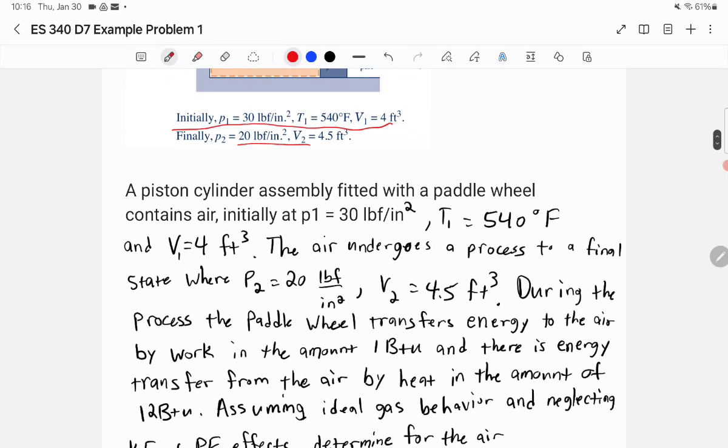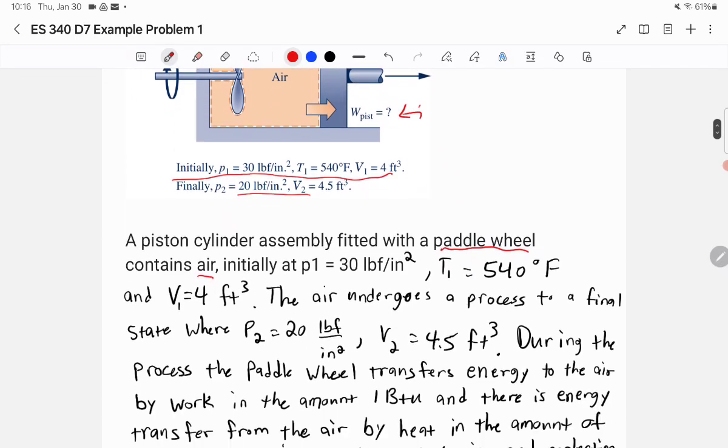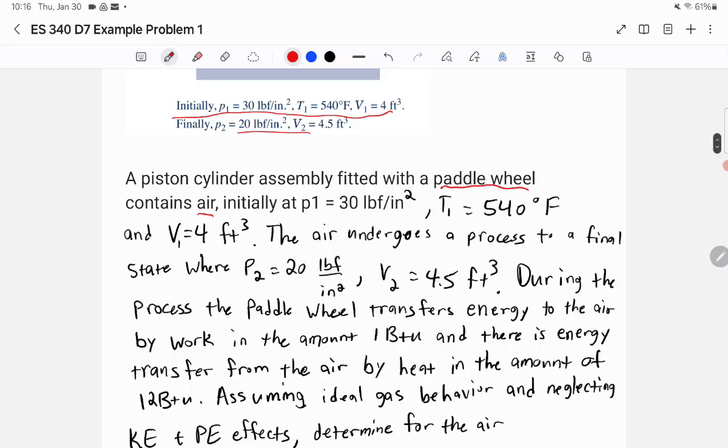A piston cylinder assembly fitted with a paddle wheel, which we already saw, contains air. Okay, so that's air in here. Initially at P1 equal to 30 pound force per inch squared, T1 equal to 540 degrees Fahrenheit, V1 equal to 4 cubic feet.